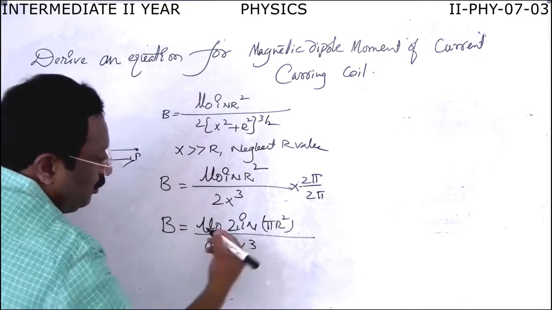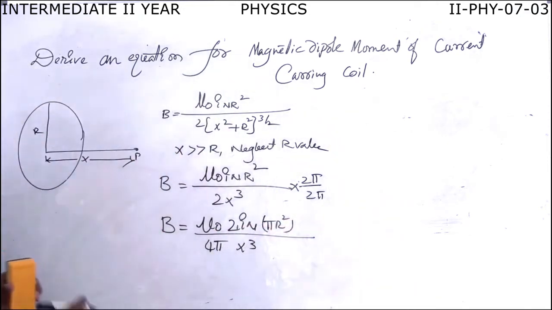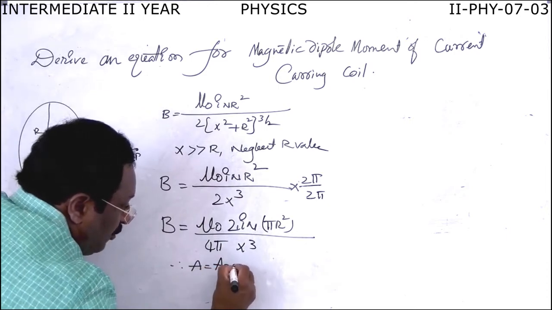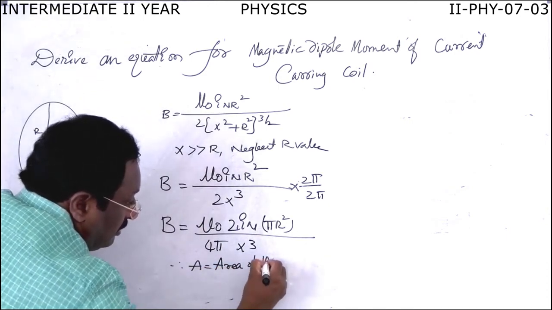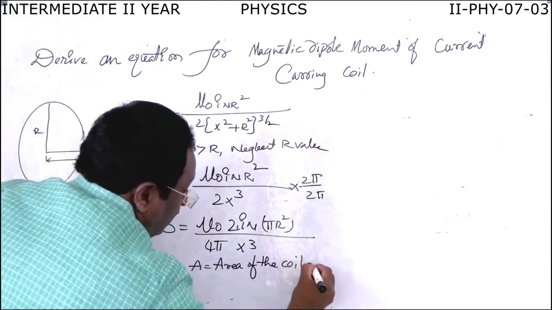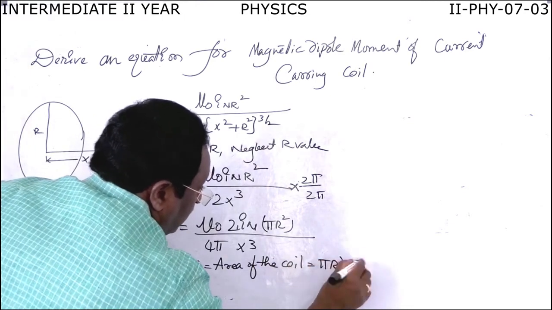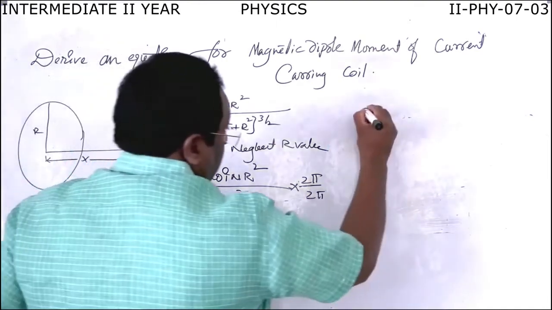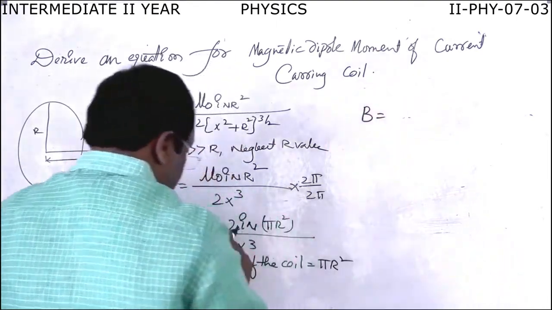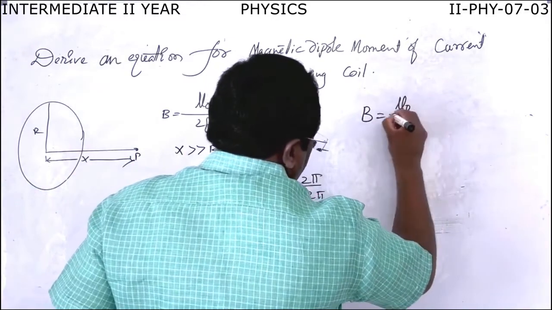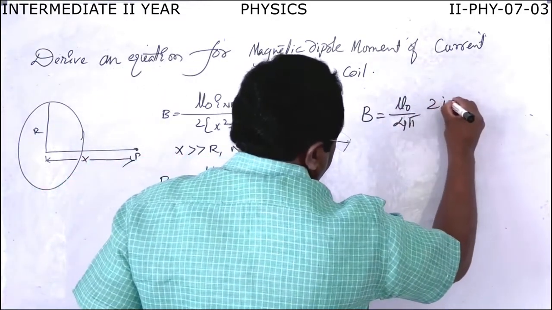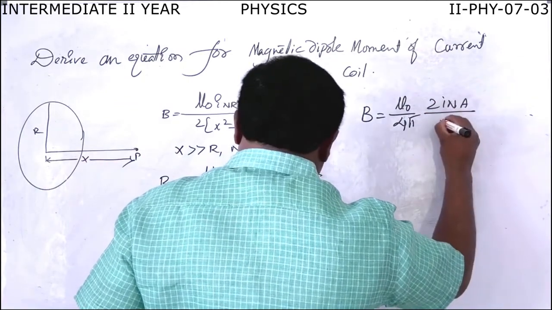Here, what is pi R square? It is nothing but the area of the coil. Therefore, A is equal to the area of the coil, which is pi r square. Instead of pi r square, we write A. Therefore, B is equal to mu naught by 4 pi into 2 I N A by x cube.